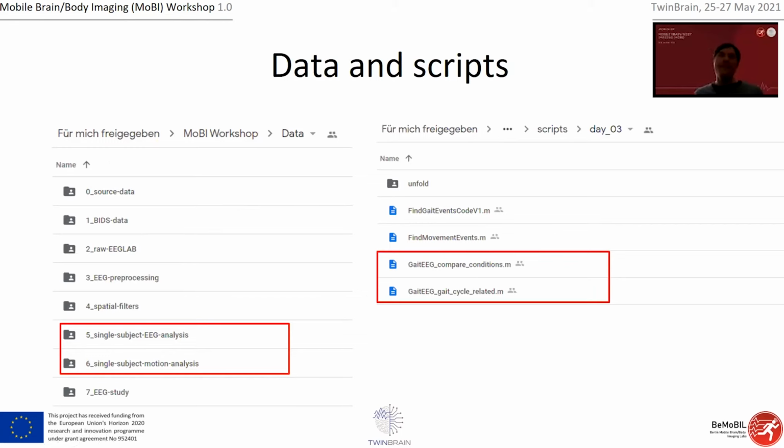In terms of data and scripts, as already introduced by Zane, we're using folder 5 containing the EEG and folder 6 containing the motion tracking data. In terms of scripts, you can try to replicate the results I'm showing today using the first function, called compare conditions, that is made for the first part, and then the second script that is made for the second part.